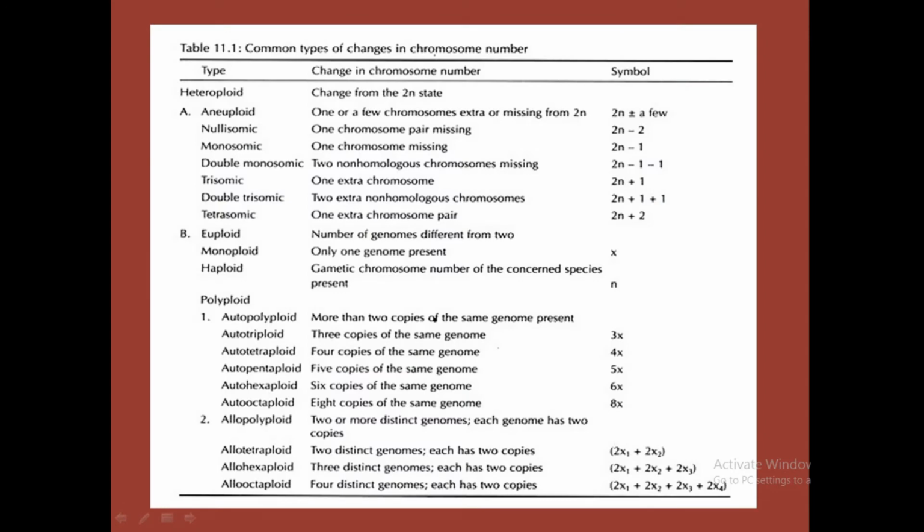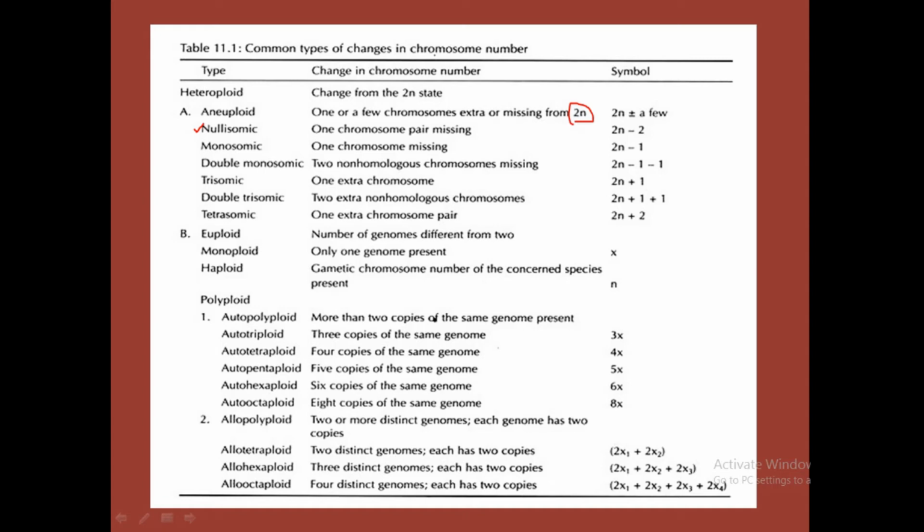This is aneuploid. What is the meaning of aneuploid? One or a few chromosomes extra or missing from 2n. So we have diploid chromosomes. Now if there are some chromosomes that are missing or extra, then we call it aneuploid. These are the types of aneuploid we get.